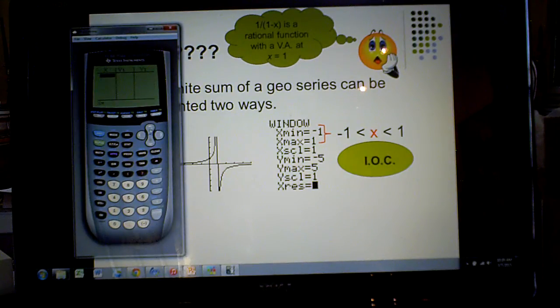And if I put in 0, I want you to think about the polynomial, which is 1 plus x, and the rational function, which is 1 divided by 1 minus x. So what happens if I put in 0 for x? This is 1. Both the rational function and the polynomial are exactly equal at 0.